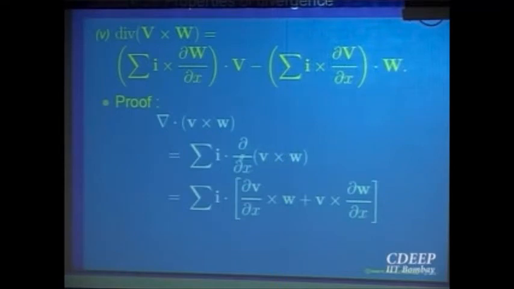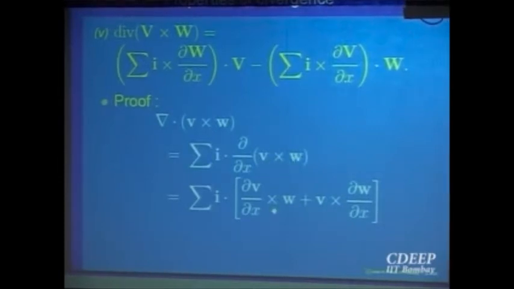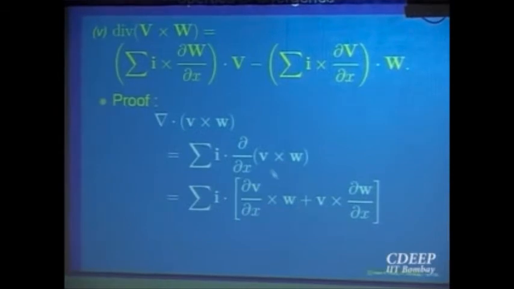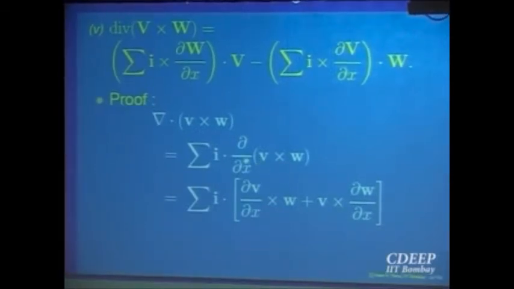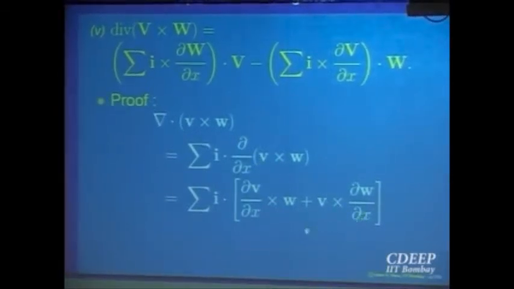And now once again we apply the product formula for differentiation, since it is differentiation with respect to one variable only. That gives you two terms: the partial derivative of v with respect to x, cross w, keeping in mind that the product here is a cross product, plus the second term, v cross the partial derivative of w with respect to x. So this is what it comes out to be.